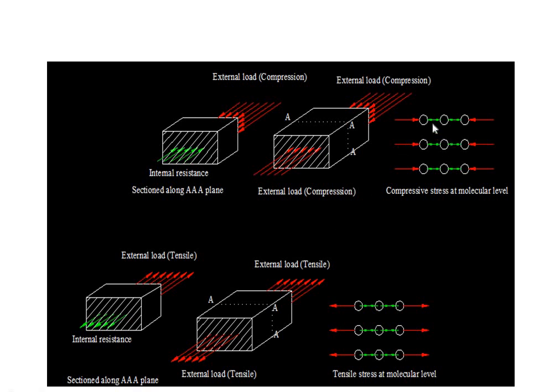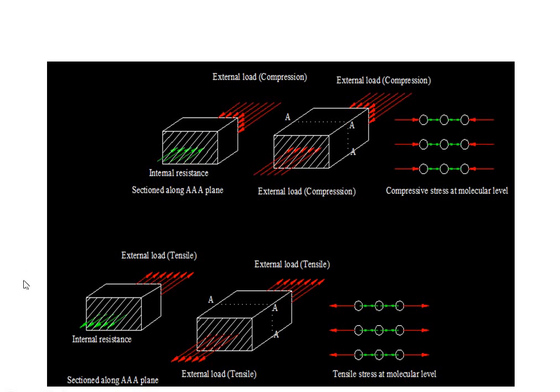So that resistance is represented by these green arrows, right? Here this load tries to pull it towards the right, and this green arrow tends to stop it from pulling inside, right? So this is what happens at the molecular level.